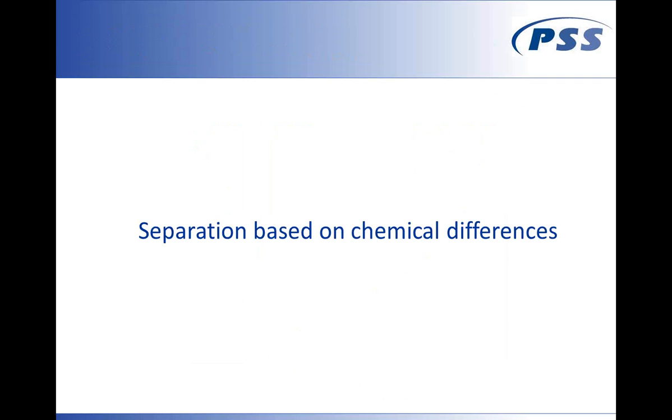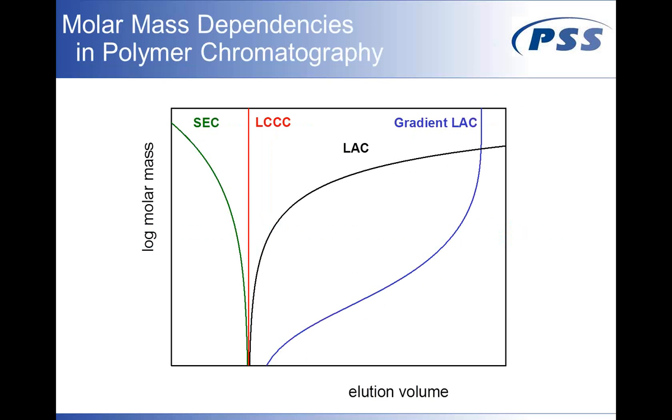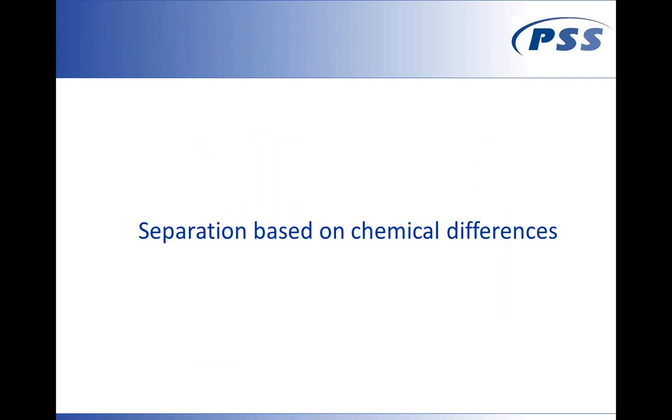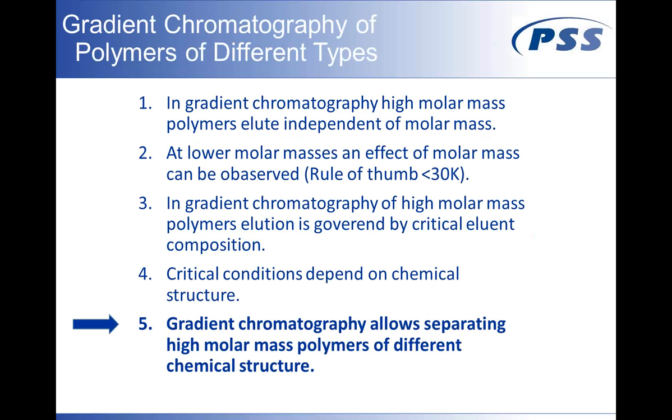So now we can ask, how can we use these modes to separate based on chemical differences? Well, in gradient chromatography, we have seen that high molar mass polymers elute independent of molar mass. At lower molar masses, roughly below, let's say, 30,000, you can observe some effect of molar mass. But we have seen that basically the transition from adsorption to desorption is identical to the critical point of the macromolecule.